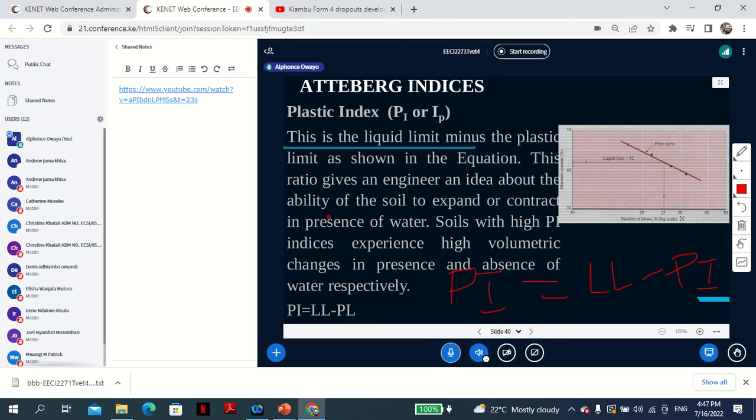I remember I was talking about Montmorillonite. For Montmorillonite, or black cotton soil, this is a very high value, and because of that we always recommend, if you have black cotton soil, you just remove it from site, because it causes a lot of problems.